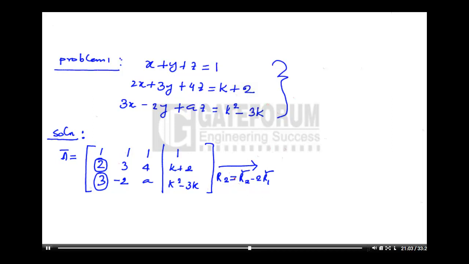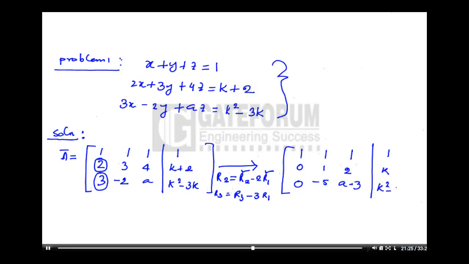Similarly, R3 is equal to R3 minus 3R1, and we get the resultant matrix as this: 0, 0, 1, 1, minus 5, 1, 2, a minus 3, and here 1, k, k square minus 3k minus 3.